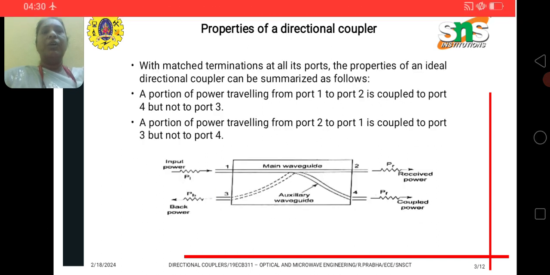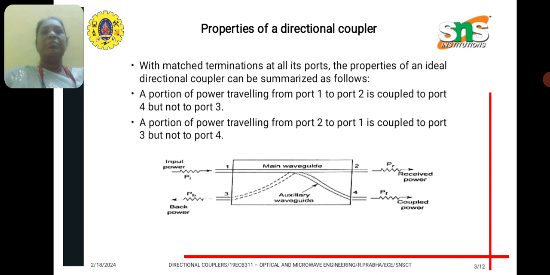While seeing the properties of a directional coupler with matched terminations at all its ports, the properties of an ideal directional coupler can be summarized as follows. A portion of power traveling from port 1 to port 2 is coupled to port 4 but not to port 3, and a portion of power traveling from port 2 to port 1 is coupled to port 3 but not to port 4.